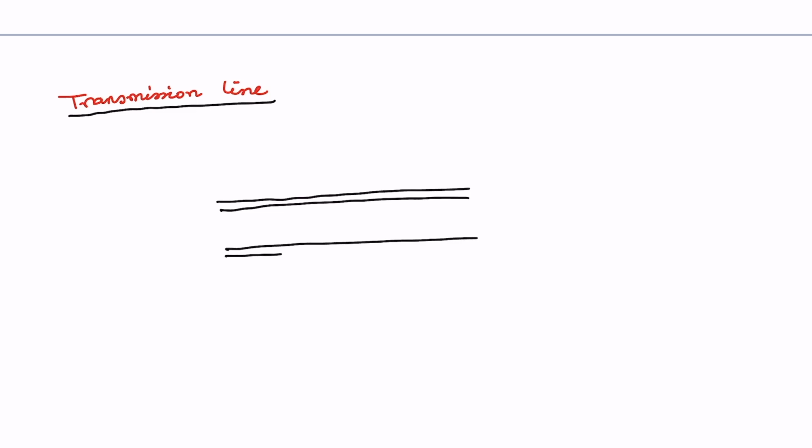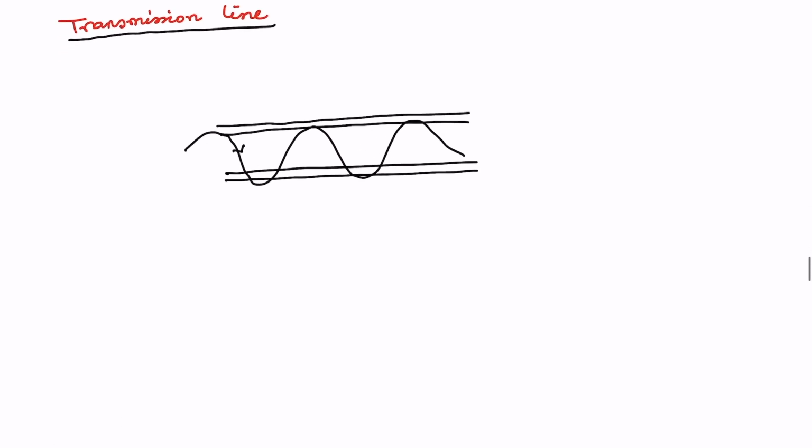In this structure, a microwave signal can propagate. One can actually have a circuit model of this transmission line, and in the limit of sufficiently long wavelength and small frequency, this circuit model works pretty exactly.